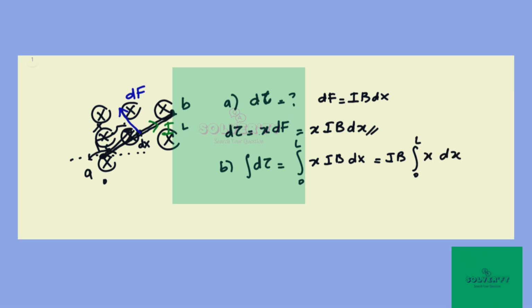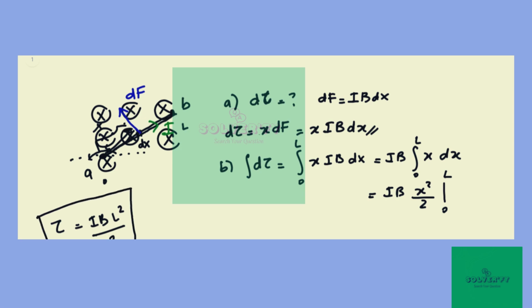As you know, the integral of x dx is going to be x squared over 2 from 0 to L. Now, when we apply the boundaries, well, I, B, L squared over 2 minus 0, right, would give us the torque. And this torque is actually counterclockwise, right, from the right-hand rule again.